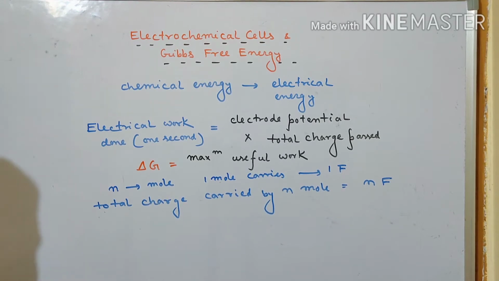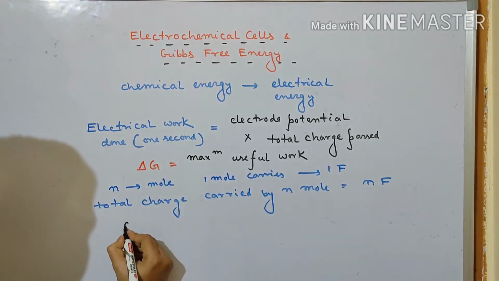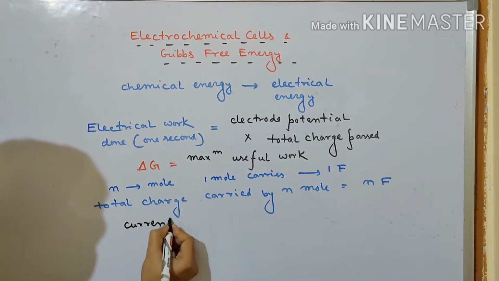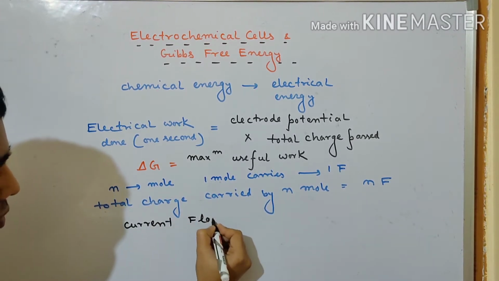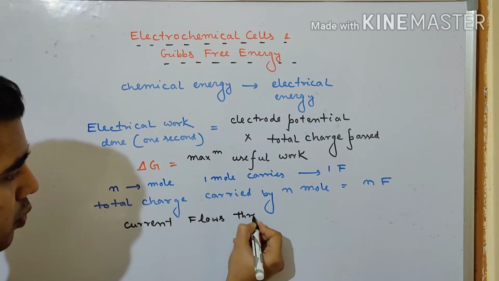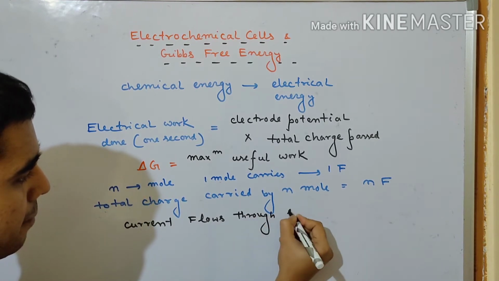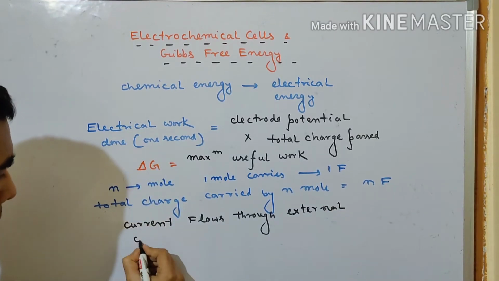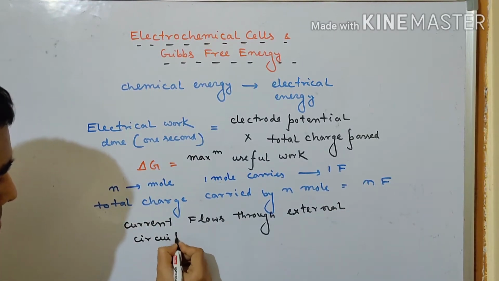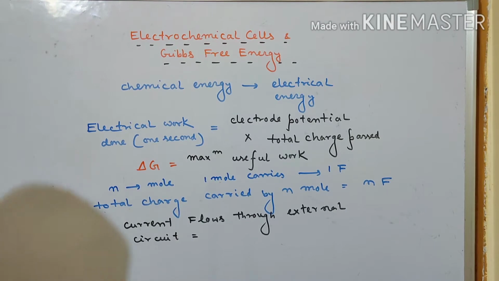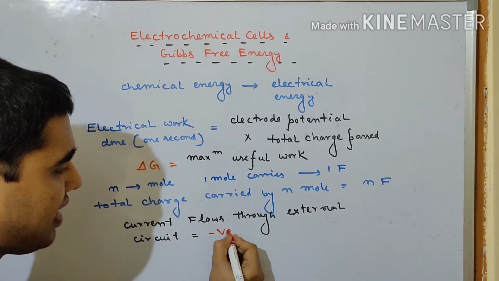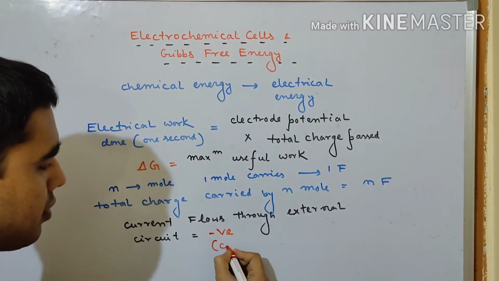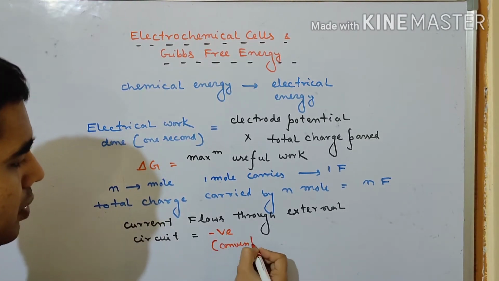And since the current is flowing through the external circuit, by convention we take it as a negative sign. It is the IUPAC convention.